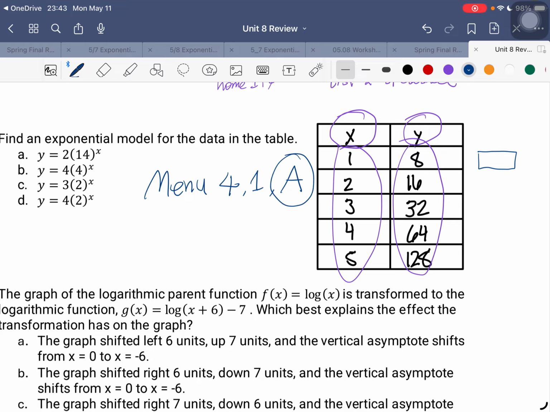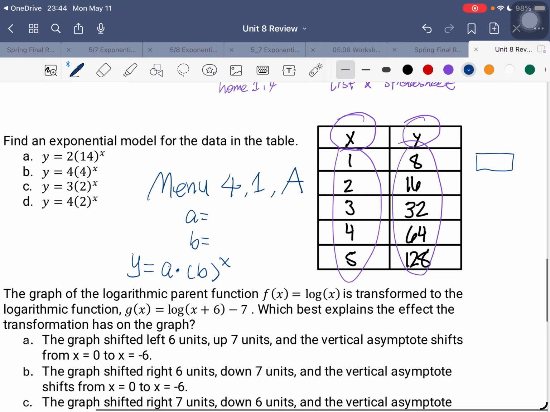Make sure it's A as in apple, not 8. Then you can see A equals what value, B equals what value, and to write it into the exponential equation, it will actually be y equals A times parentheses B to the power of X.